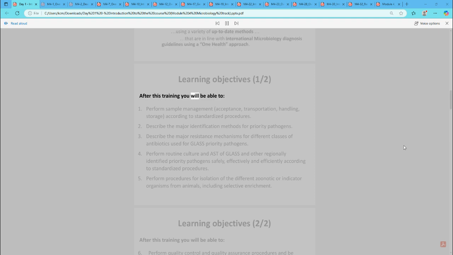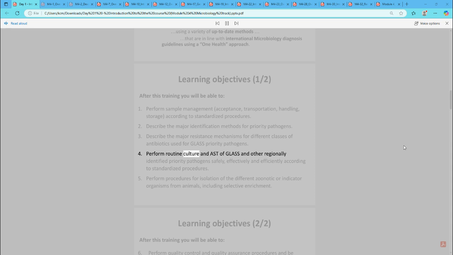After this training, you will be able to: 1. Perform sample management, acceptance, transportation, handling, storage, according to standardized procedures. 2. Describe the major identification methods for priority pathogens. 3. Describe the major resistance mechanisms for different classes of antibiotics used for GLASS priority pathogens. 4.